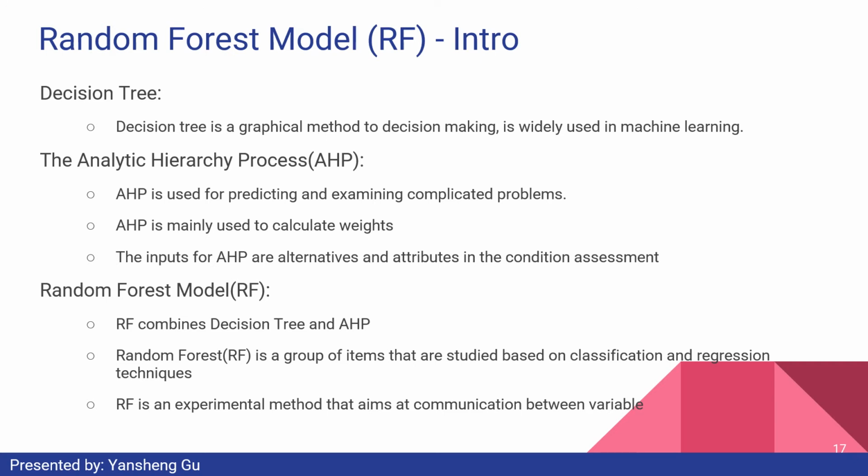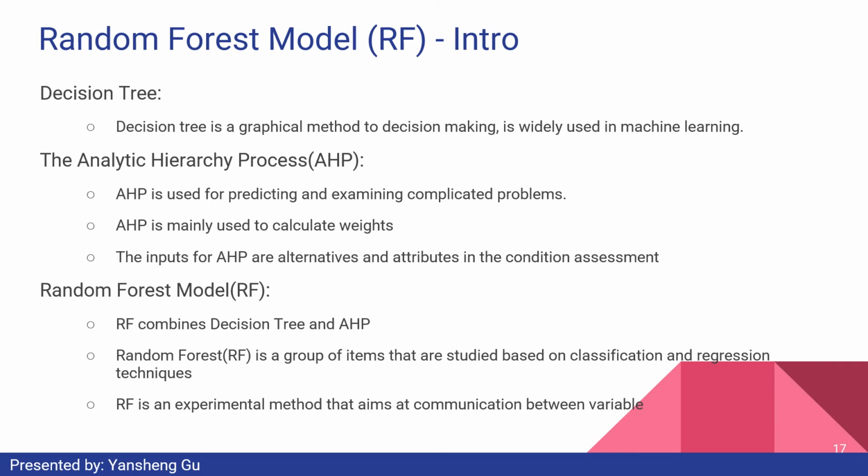It is widely used in many industries. For example, we use a decision tree to predict the chance of rain at a particular time of day. The analytical hierarchy process, AHP, is used for predicting and examining complex problems. It is the process that defines multiple attribute issues to help the management team make an appropriate decision.